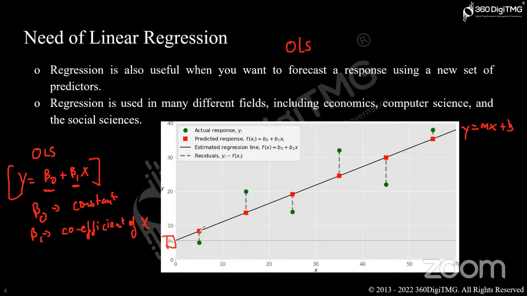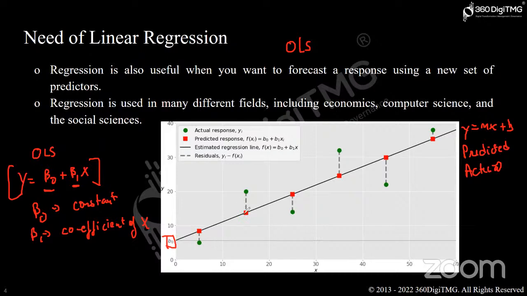So the responses fall on this line. The predicted values fall on this line. Here we are trying to take the difference between the actual values and the predicted values. Predicted and actual. We are taking the difference and we are coming up with the error.